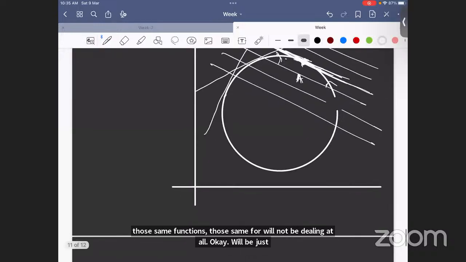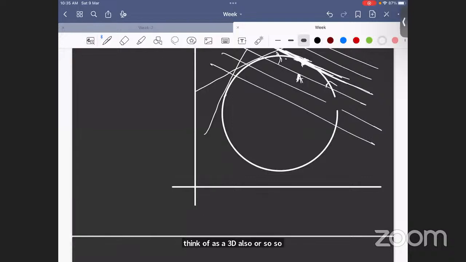You can think of that one as a 3D thing also. We'll just be dealing with functions where, if you are plotting a tangent at some particular point, you're just touching a point itself. It will not cross any other point. So do not get confused with those types of stuff.